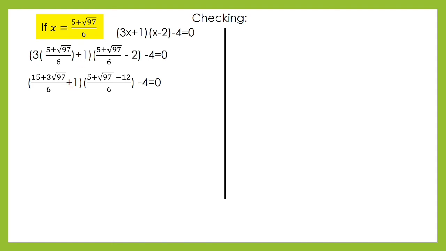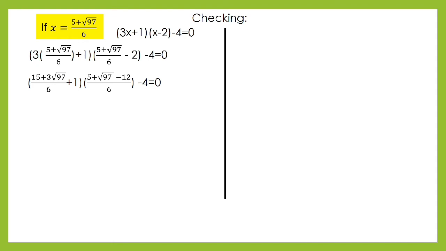Next, on this side, we copy 5 plus square root of 97. And then, how did we get negative 12? We multiplied 6 and negative 2. Okay, negative 12. We copy the denominator all over 6. We have minus 4 equals 0.